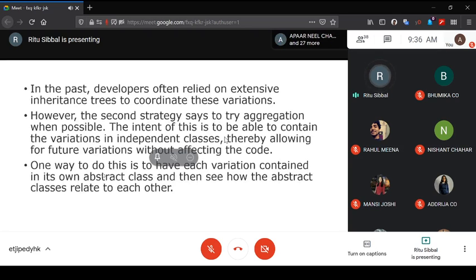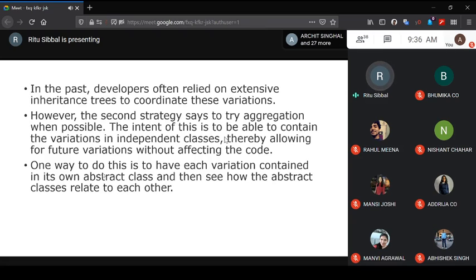Before the introduction of design patterns into object-oriented design, developers often relied on extensive inheritance. We also did that in software engineering when we were making our use case diagrams, class diagrams, and other kinds of modeling. In your practical files also, you were handling variations through the inheritance hierarchy.